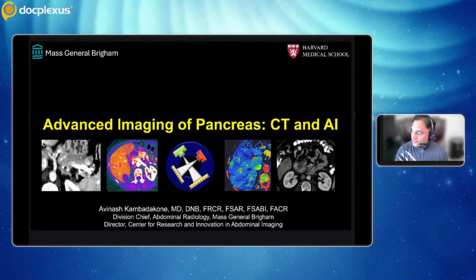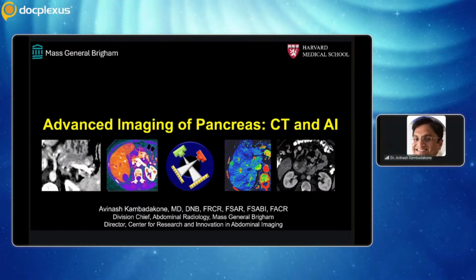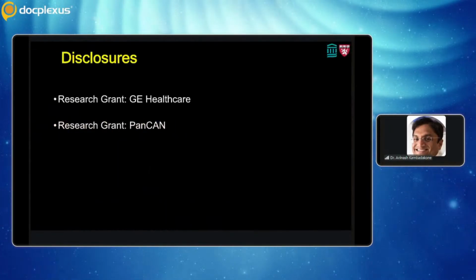So let's get started. I'm going to speak on advanced imaging of pancreas, focusing on CT and AI. I must say, there was a terrific lecture by Dr. Joshi, a very comprehensive coverage of the fundamentals of imaging of the pancreas. I'm going to stop sharing myself so that we can focus on the slides. So these are my disclosures.